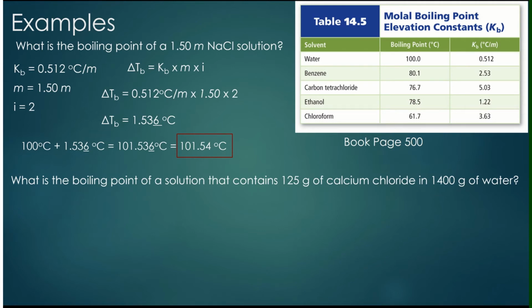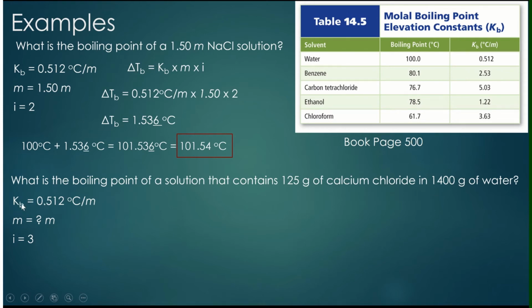Another example. What is the boiling point of a solution that contains 125 grams of calcium chloride and 1,400 grams of water? Aha! They didn't give us the molality this time, so we'll have to find that on our own.